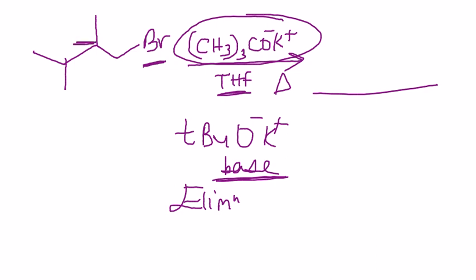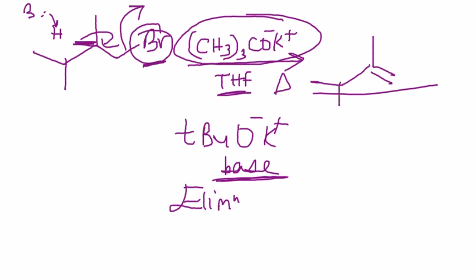And so since this is a really good base, all you're looking for is a hydrogen anti to the bromine. And as that bromine leaves, the hydrogen electrons are going to move between the carbon-carbon bond. The base is going to go away with the hydrogen, and the product you will get is this.